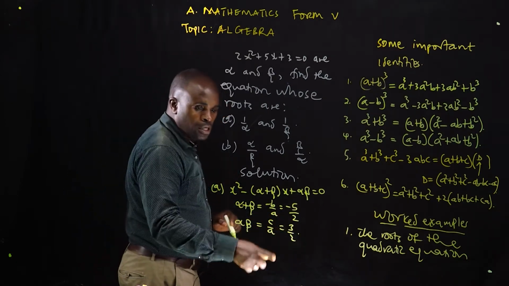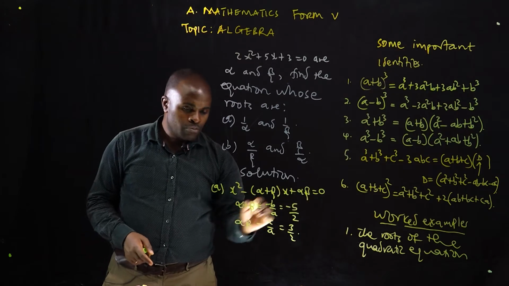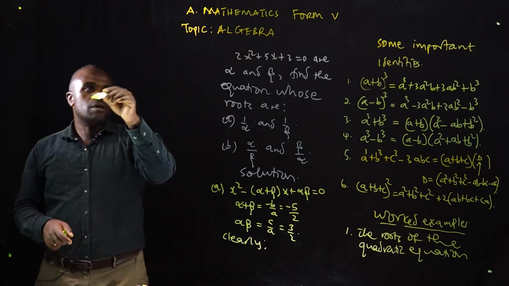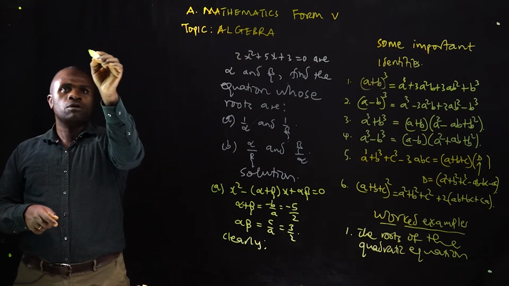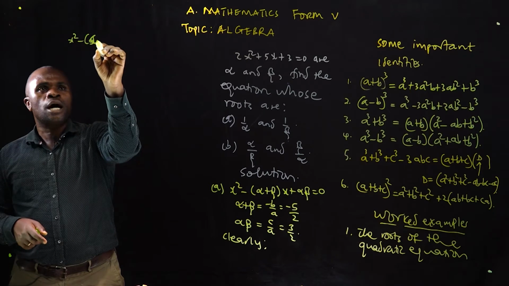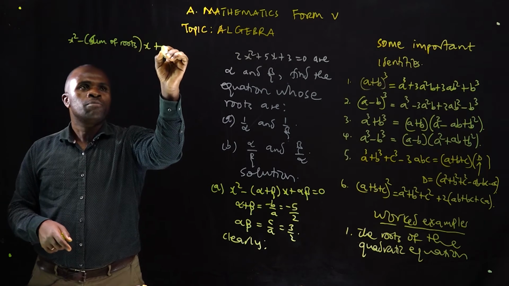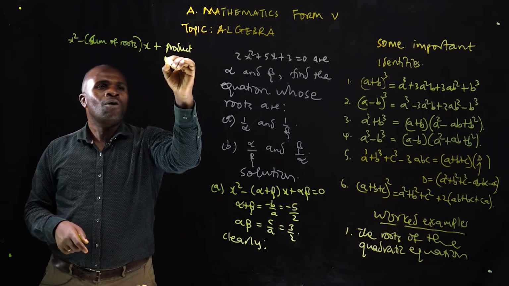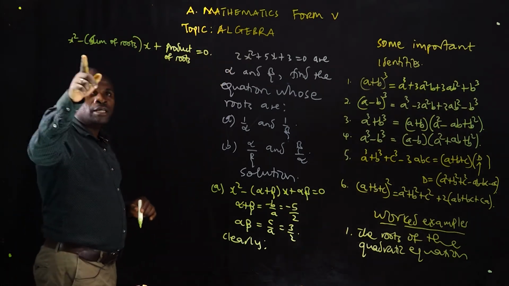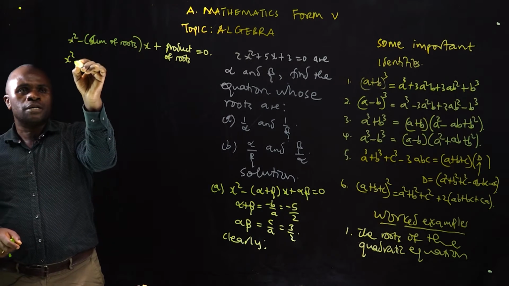Now these are the roots of this quadratic. The quadratic equation we need to find must be in this form: x squared minus the sum of roots times x, plus the product of roots, equals 0.